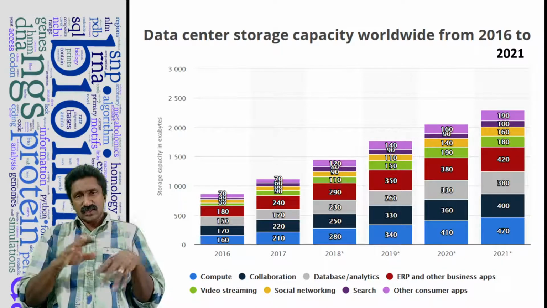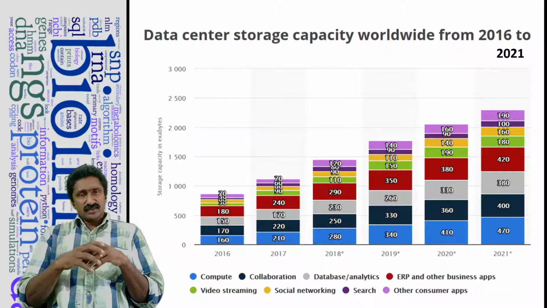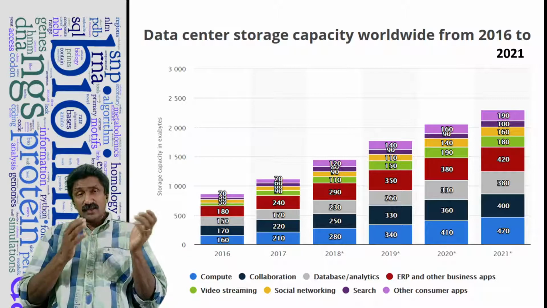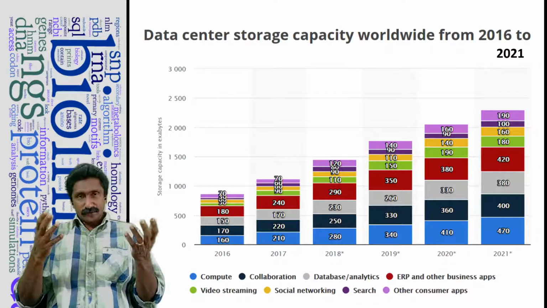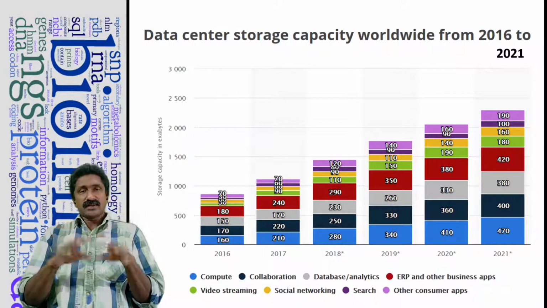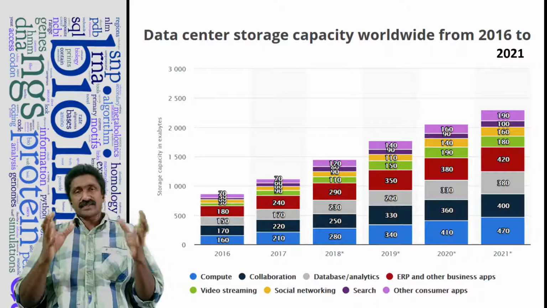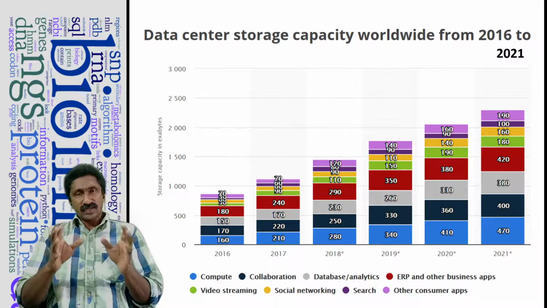That is only listed here just for your information, because if you add our personal storage devices, it will be much higher. So only the internet-connected global storage capacity, or data center storage capacity, is shown in this graph.